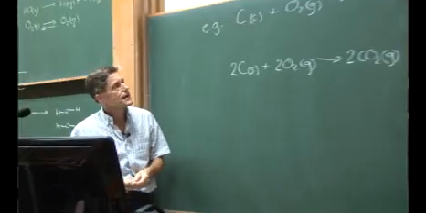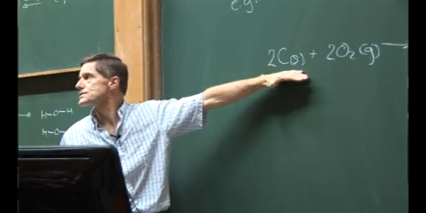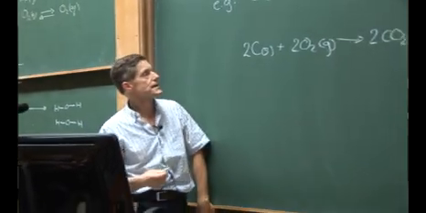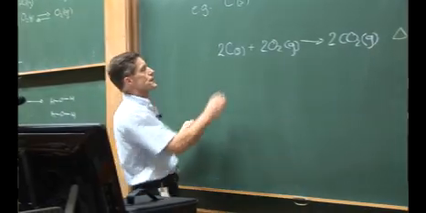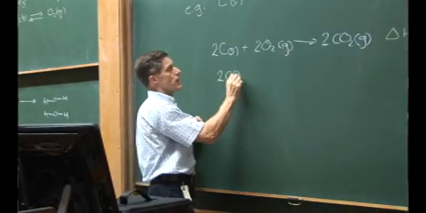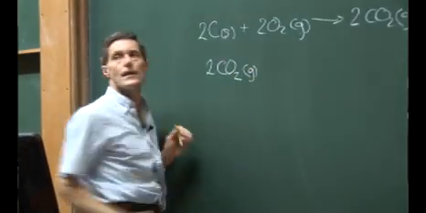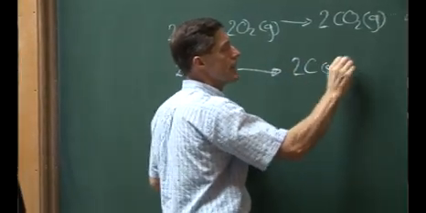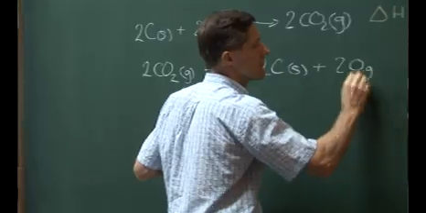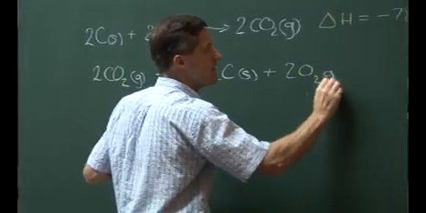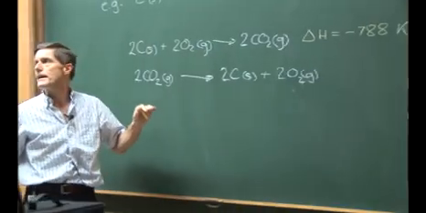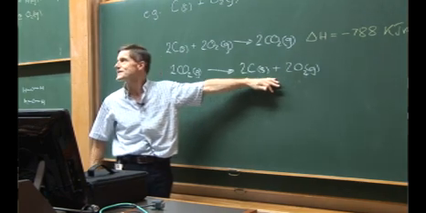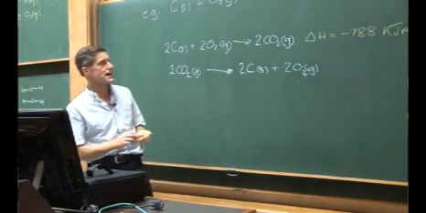And similarly, if I reverse this equation, then heat is no longer given out, but heat will be taken in. So if by some means I start with carbon dioxide and break it up to produce carbon and oxygen gas, then heat has to be taken in in order to do this, because carbon and oxygen gas is less stable than carbon dioxide.